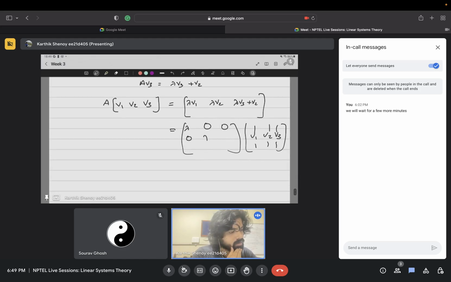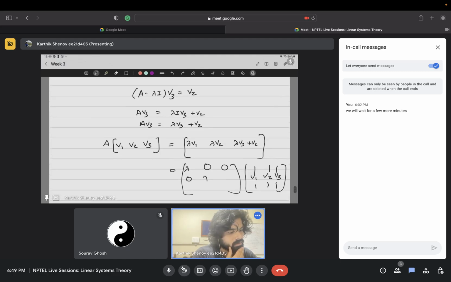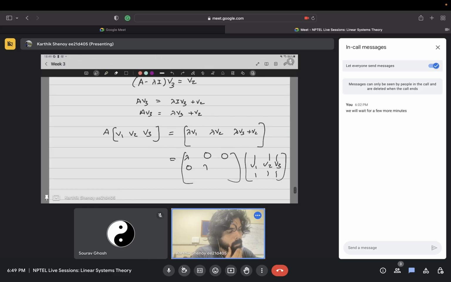Something I made a mistake here. Lambda times V1, lambda times V2, and then there should be a 1 here, so that's how it should be.